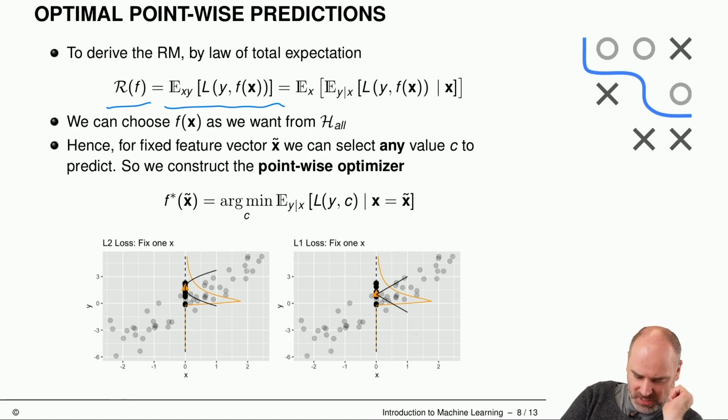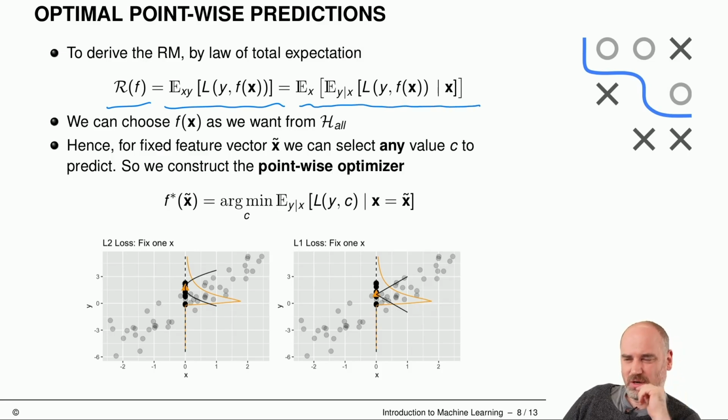Now, we can use this very useful tool of the law of total expectation to unravel this a little bit. On the outside, we're going to take the expectation over x, and on the inside, we're going to take the expectation over y given x. The law of total expectation tells us that these two formulas are equivalent.